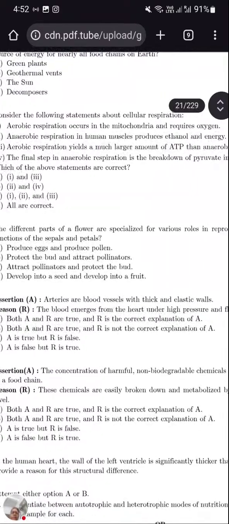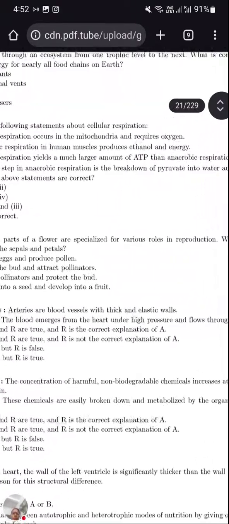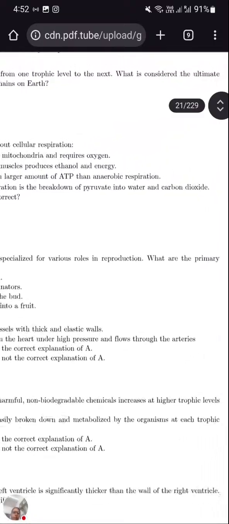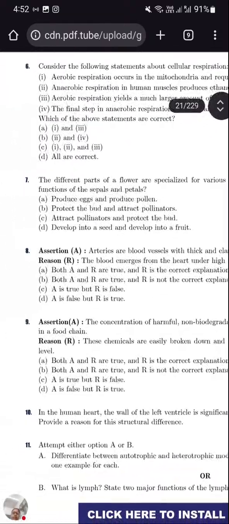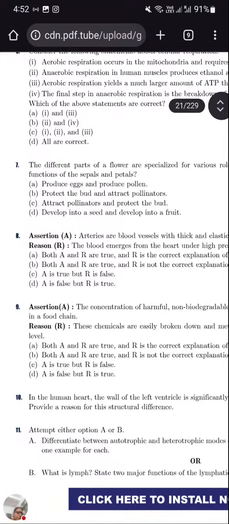Now the seventh question. The different parts of a flower are specialized for various roles in reproduction. What are the primary functions of the sepals and petals? Sepals are the green outgrowths present around the bud, and their main function is to protect the bud.